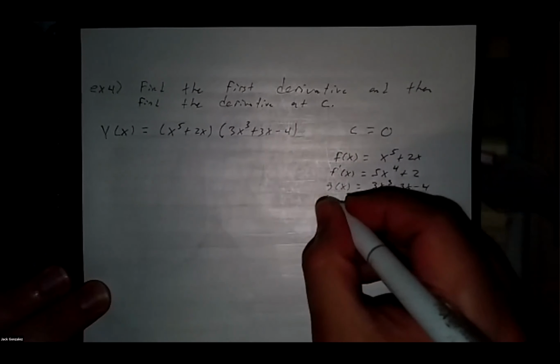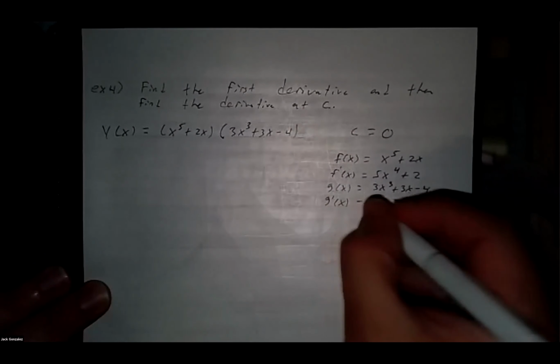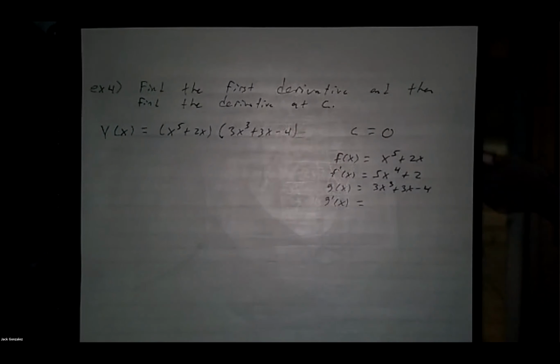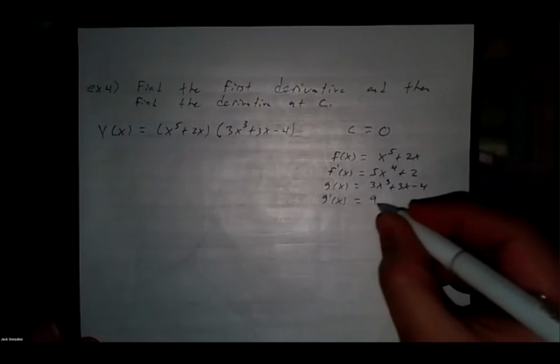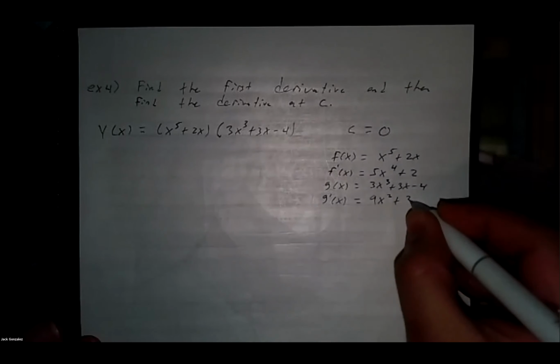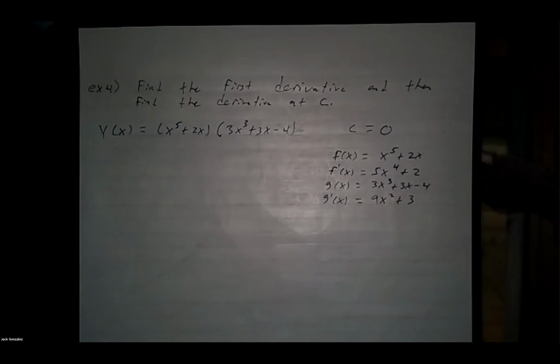What is g prime? And you see where f prime came from. 9x squared plus 3. That's correct. Nice, thank you.